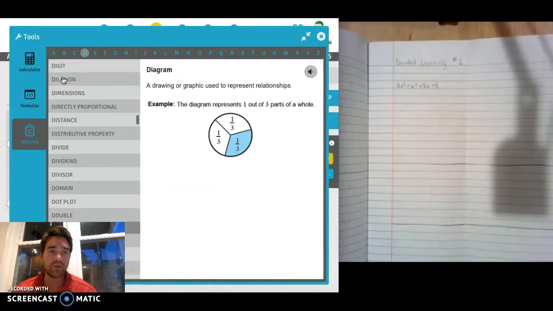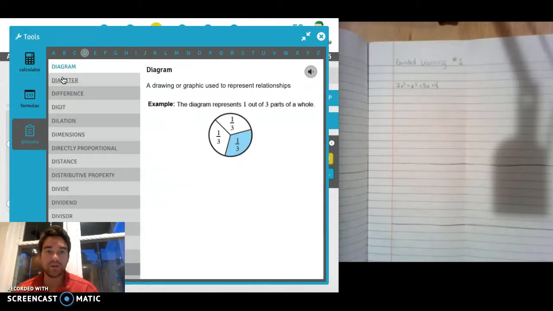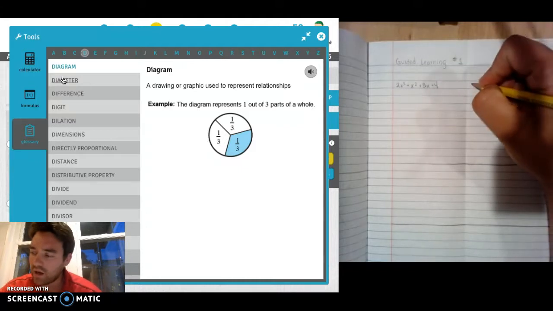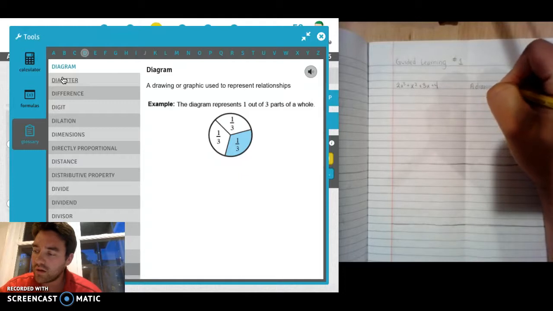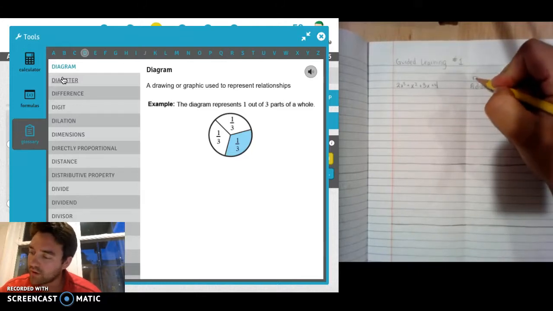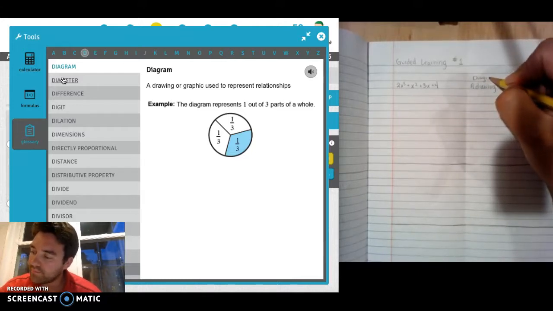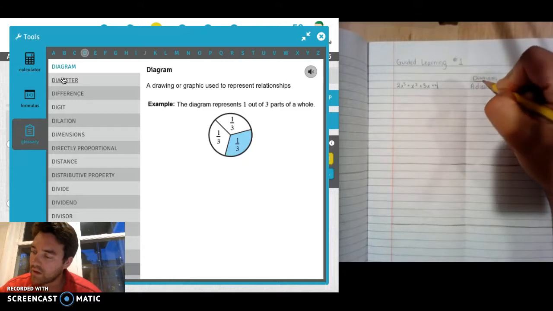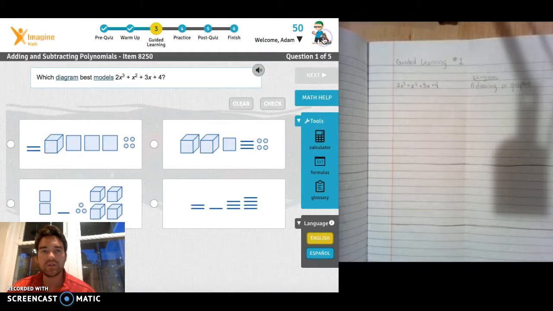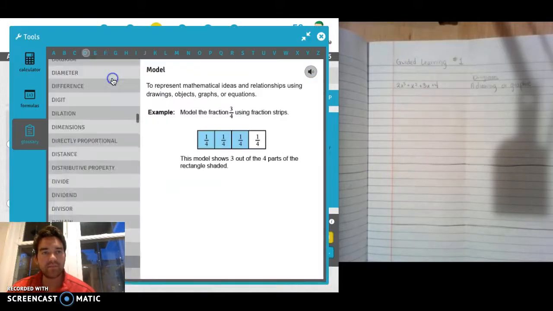So diagram. You click on diagram, and it tells you what a diagram is. So this is telling me it's going to be a drawing or graphic. Cool. It's a drawing or graphic used to represent relationships. And then that best models this.